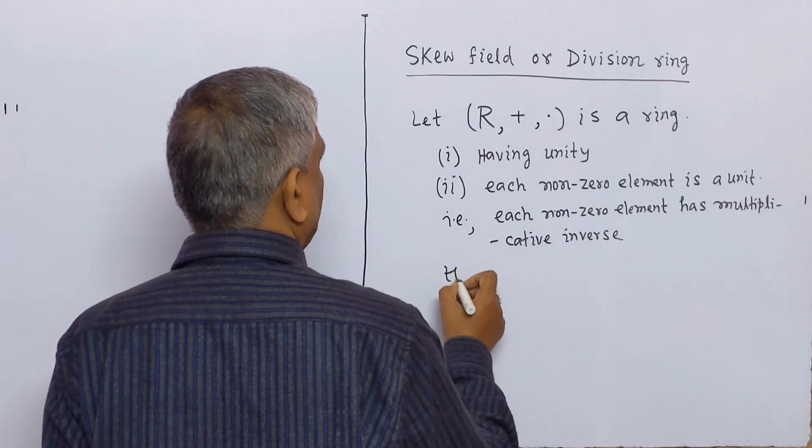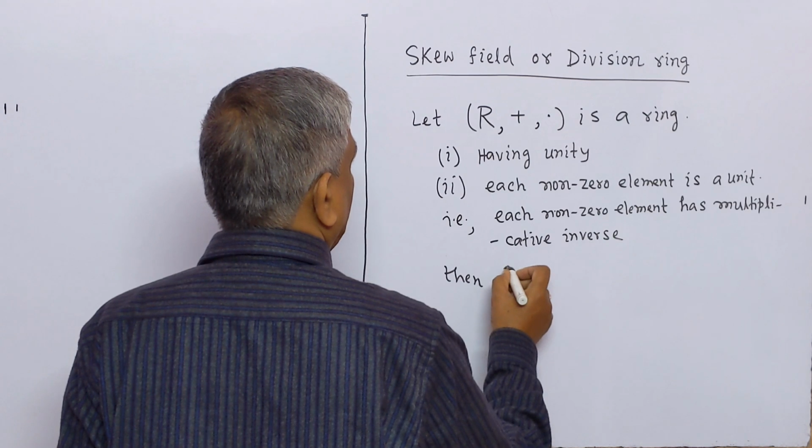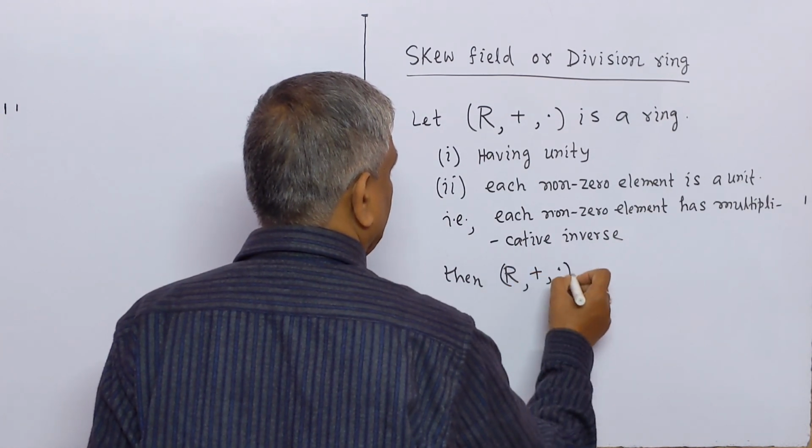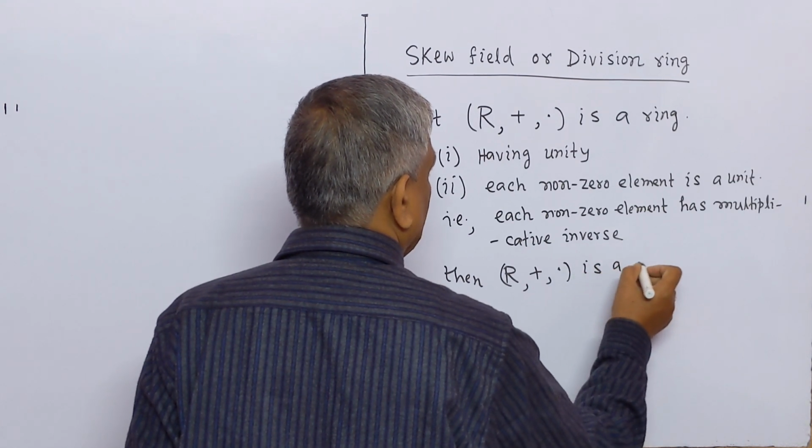Then the ring R with binary composition, addition and multiplication is a skew field.